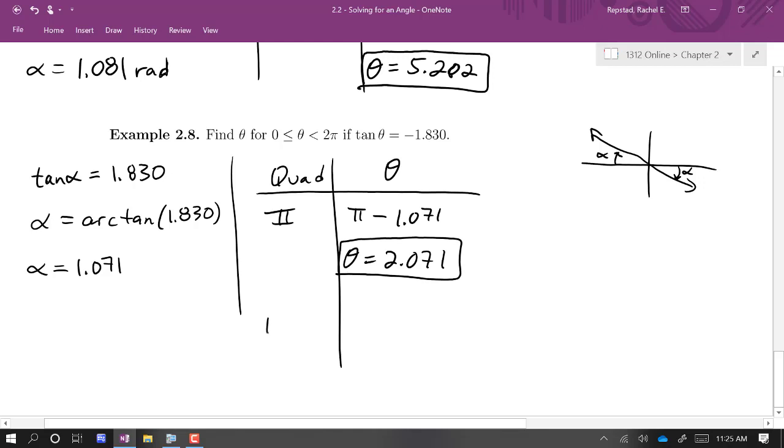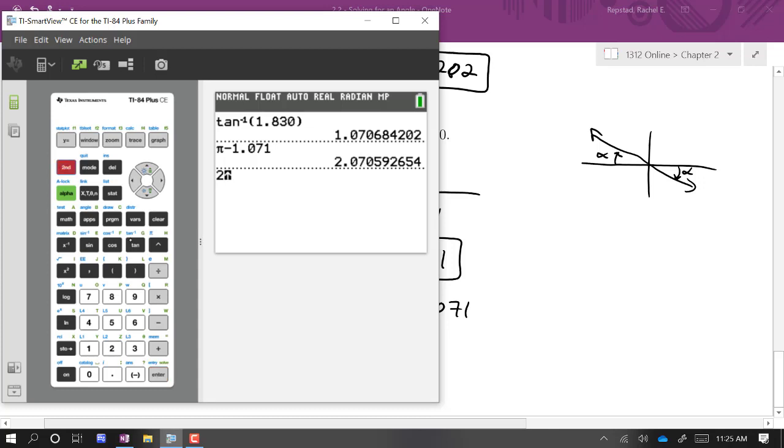And in quadrant 4, we'll take 2 pi minus 1.071. Okay, 5.212.